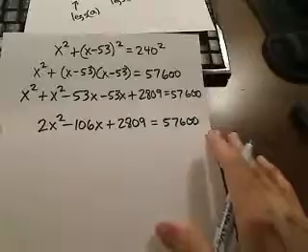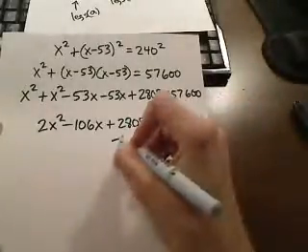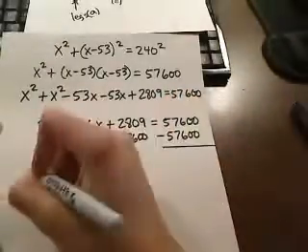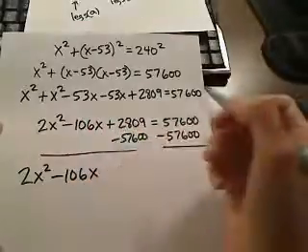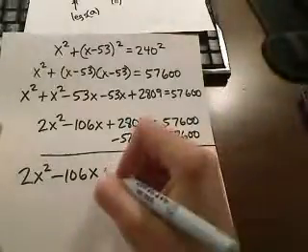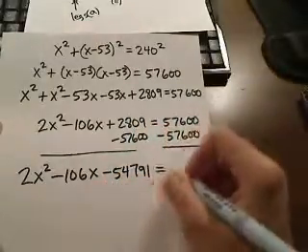And to use the quadratic, we need to have this set to 0. So let's go ahead and bring that 57,600 number over to the other side. So we have 2x squared minus 106x, and this will be a negative 54,791.